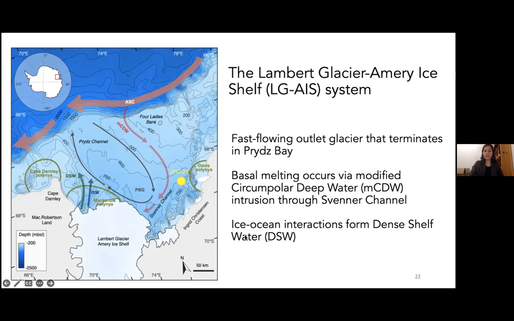This is important because these ice-ocean interactions in this area form dense shelf water, which goes on to contribute to Cape Darnley bottom water, and eventually that is a component of Antarctic bottom water. So this region is important to global oceanography.